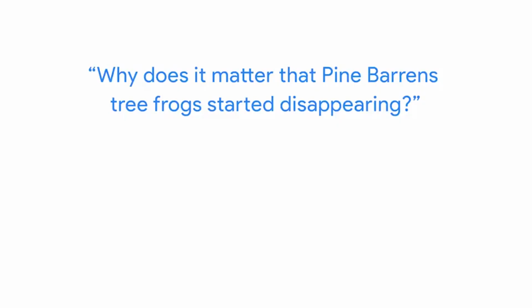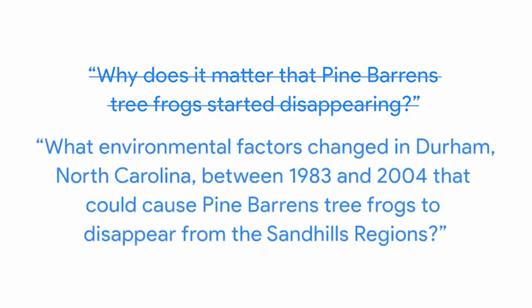A more relevant question would be, "What environmental factors changed in Durham, North Carolina between 1983 and 2004 that could cause pine barrens tree frogs to disappear from the Sandhills region?" This question would give us answers we can use to help solve our problem.